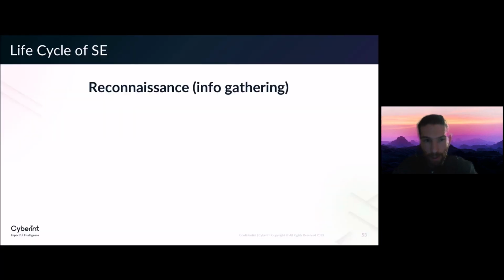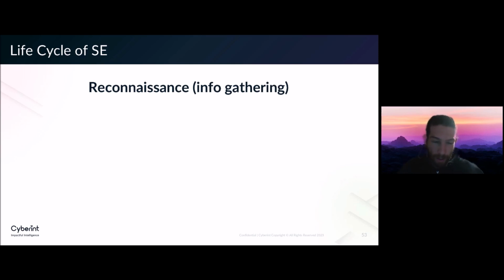Before I move to a very interesting example, I wanted to talk about the life cycle of an ideal social engineering attack. Some social engineering could be shorter, briefer, very fast, like in and out, but a lot of the time, especially the more sophisticated ones, can take a long time.